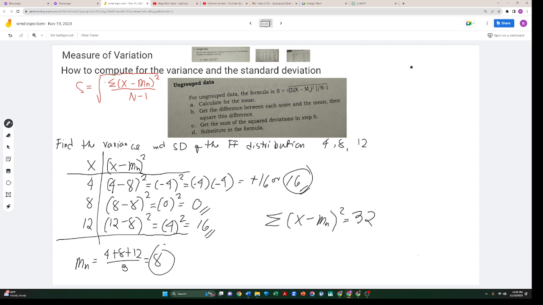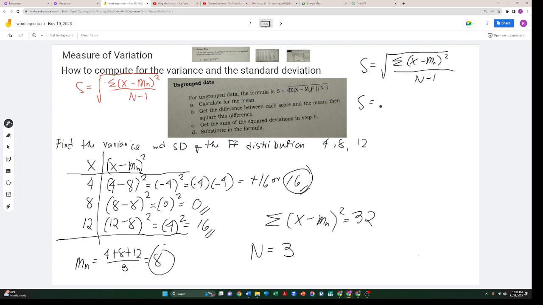So you can now use the formula. Our n there is 3, right? Because 1, 2, 3. So let's go. S is equal to the square root of the summation of x minus the mean then squared, all over n minus 1.